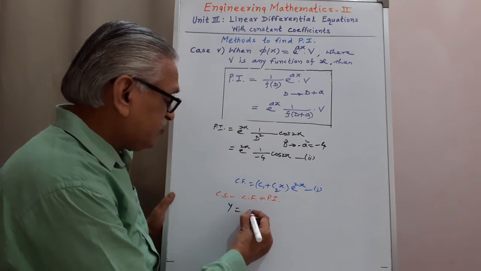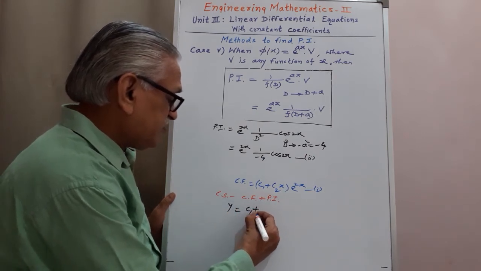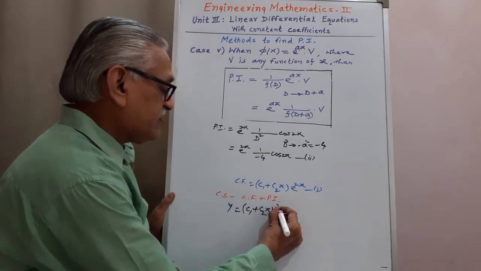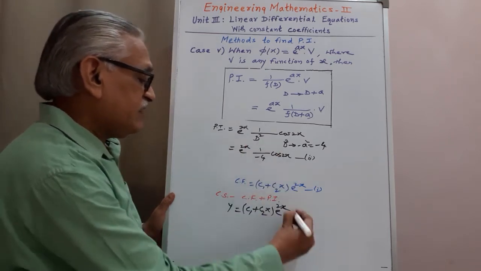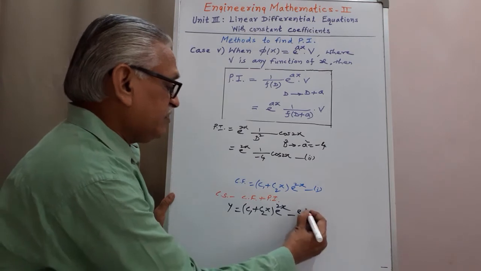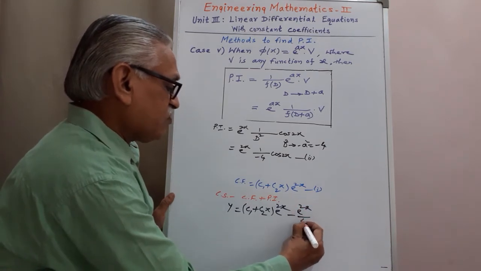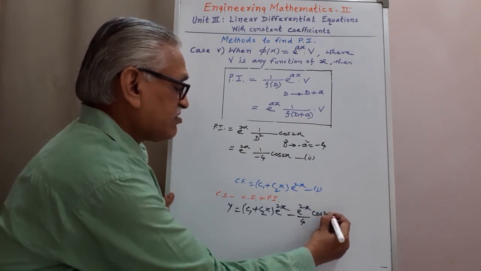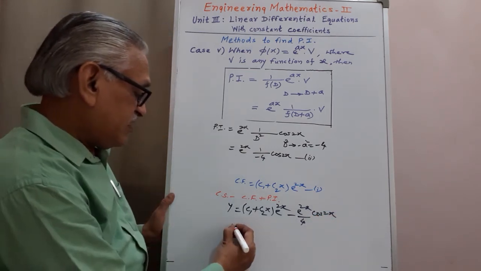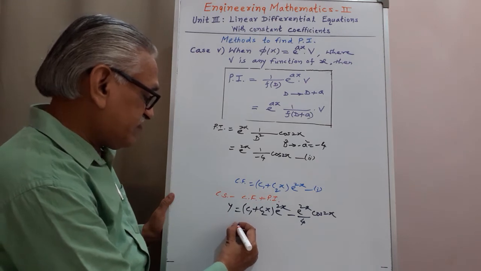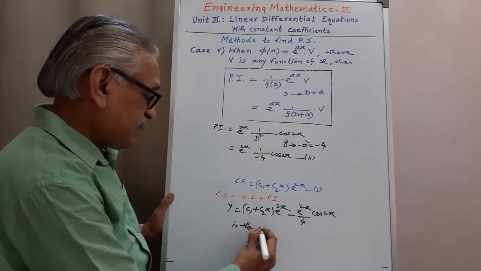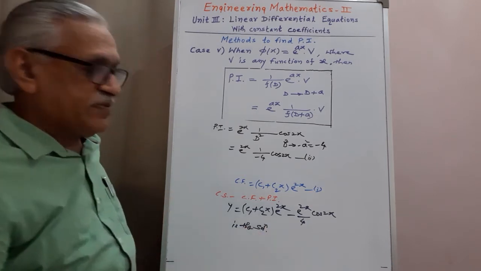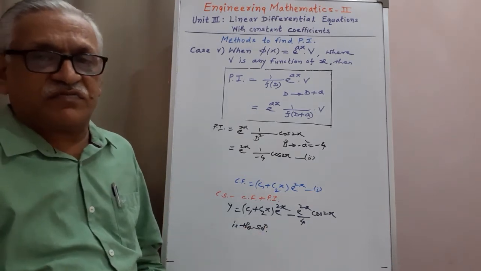Y is equals to C1 plus C2x into e raised to 2x, CF plus PI. PI is minus e raised to 2x by 4 into cos of 2x as the required solution of that given differential equation.